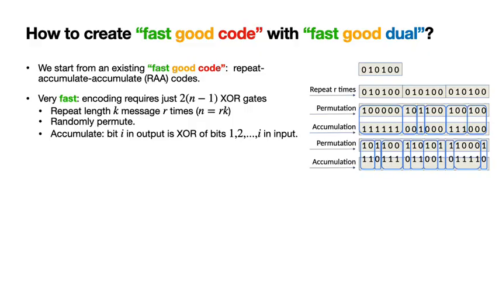Let's quickly run through an example. Let's say we have this message 010100. We repeat it 3 times in this example. We permute the string randomly, and then we apply the accumulation. Now for the first bit, accumulation is just copying the bit over. For the second bit, we take the XOR of the first bit and the second bit. For the third bit, we take the XOR of the first bit, the second bit, and the third bit.